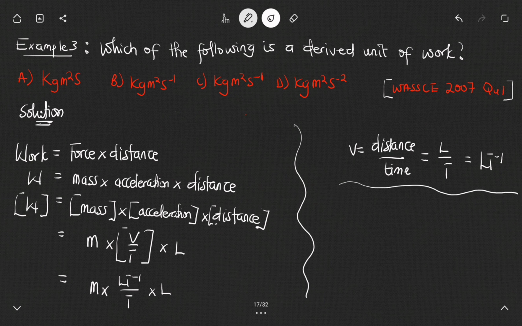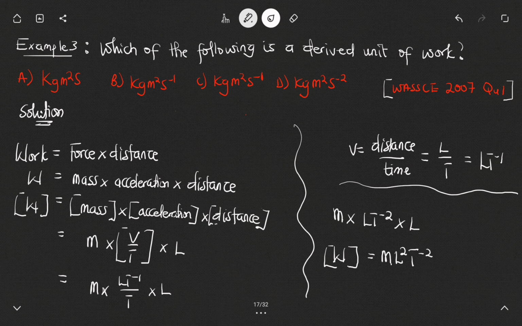If we send the t to the top, it also becomes minus 1, so we have l t minus 2, then multiplied by l. So the dimension for work will be m, the l's multiply to give l squared, and t minus 2. This is the dimension.